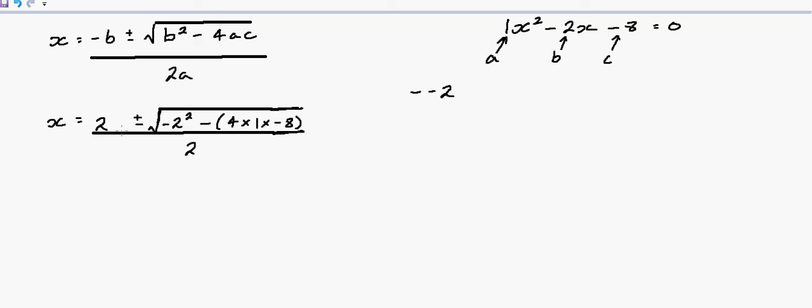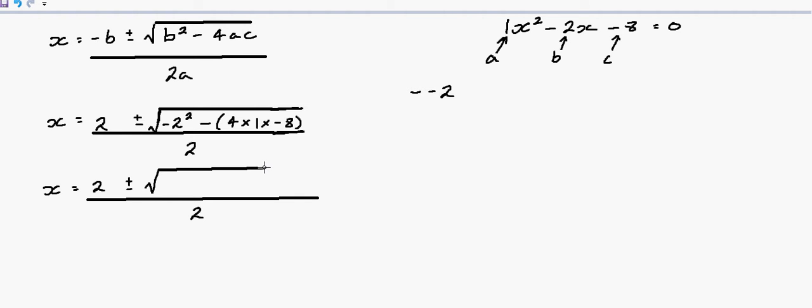So now the letters have gone and we've got the numbers. So now, as I said before, we're just going to shrink the root sign. So we have x equals 2 plus or minus, so I'll just put the line in here, and of course it's still over 2, the root. Now -2 squared.